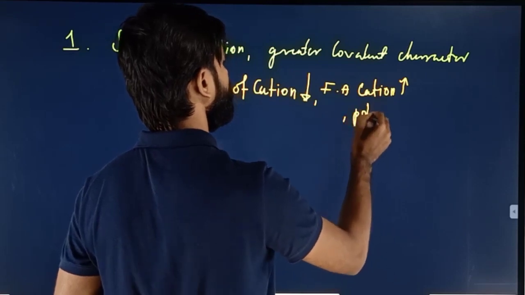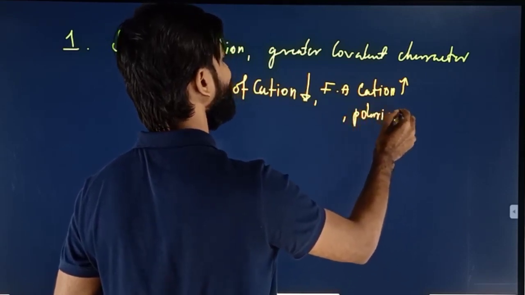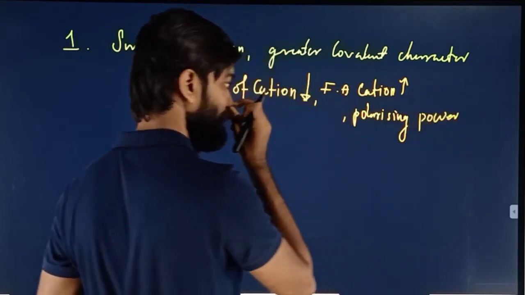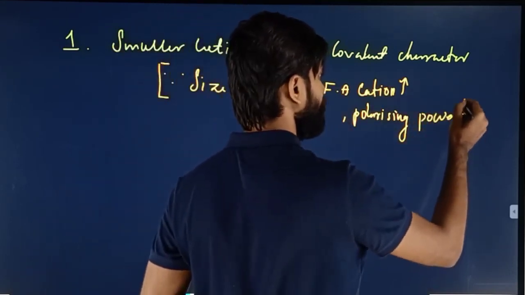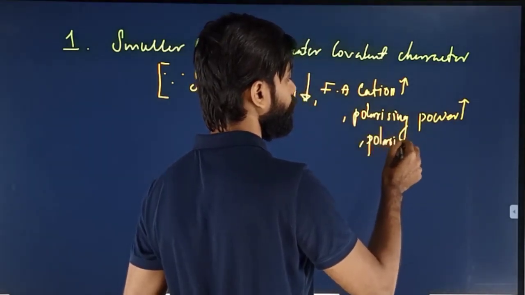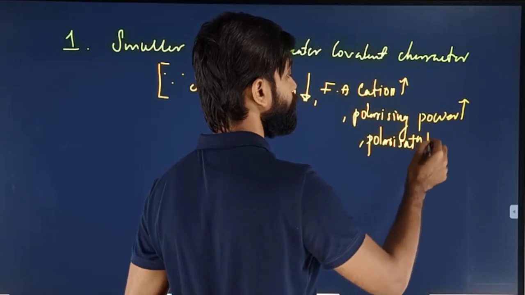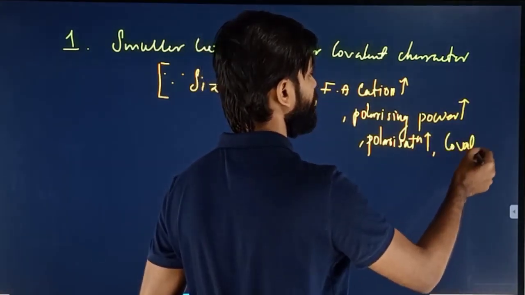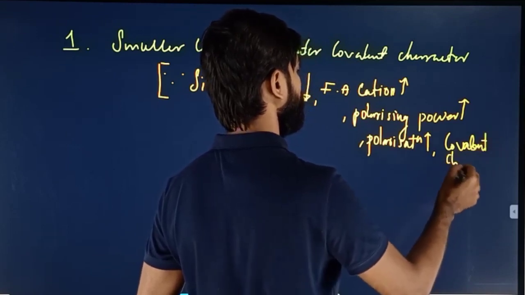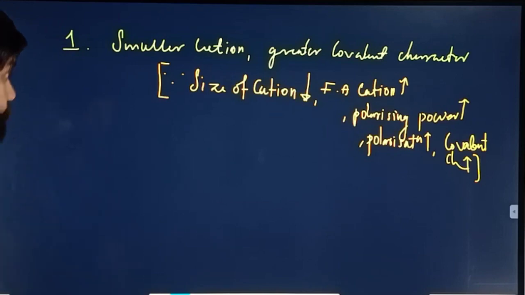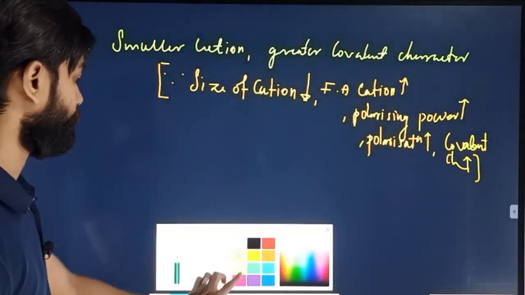Automatically, polarizing power, the tendency to attract the shared electron density, will increase. If polarizing power increases, polarization increases, and automatically covalent character increases. This is the reason.